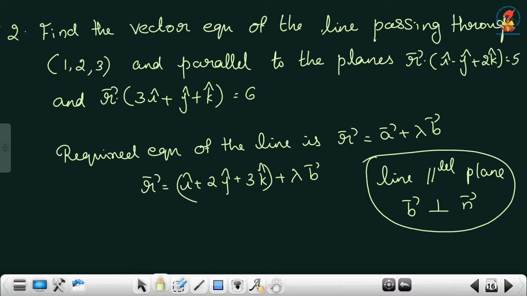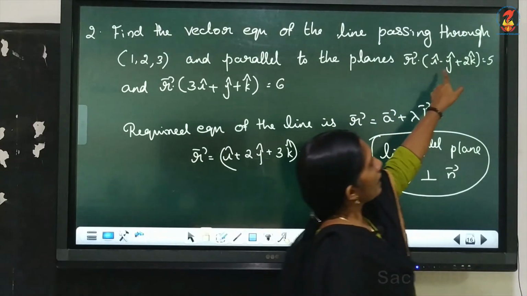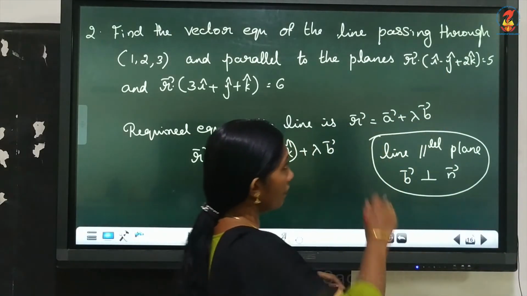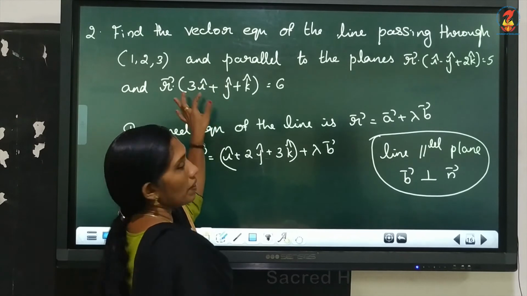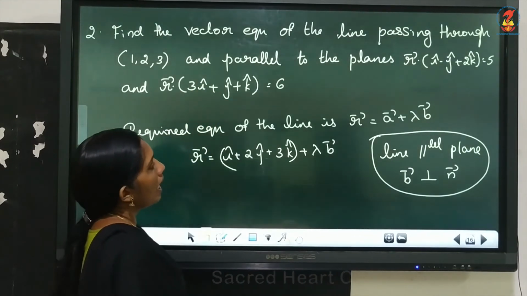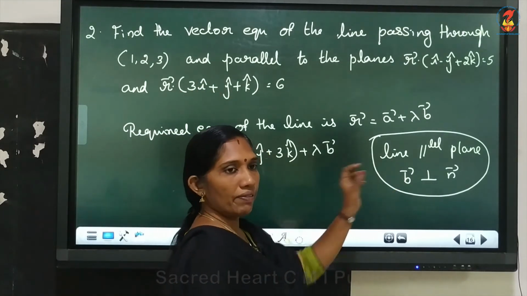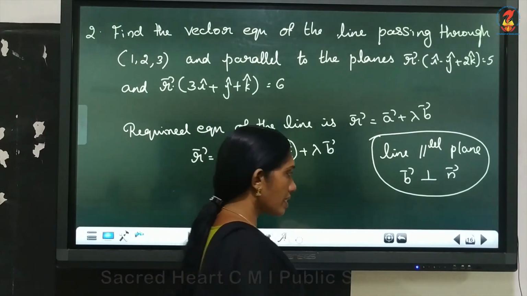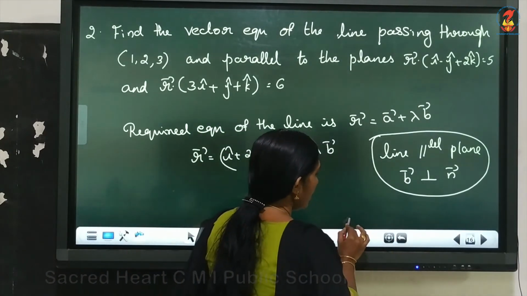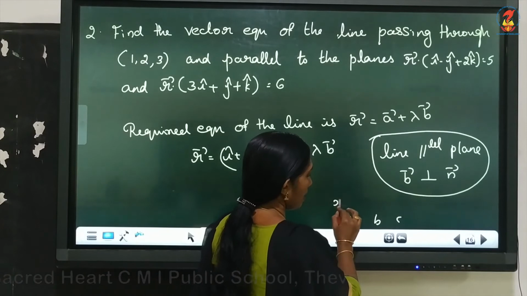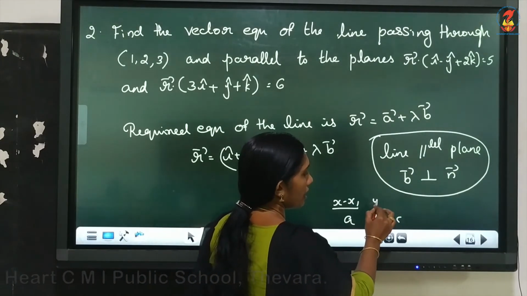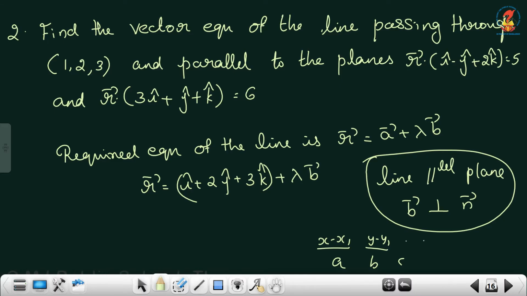So perpendicular means always the condition: a1, a2 dot product equal to 0. So this bracket gives the normal vector of the first plane, and this is the normal vector of the second plane. And b vector we can write as its direction ratios. Usually the denominators: a, b, c. x minus x1 by a, y minus y1 by b, z minus z1 by c.